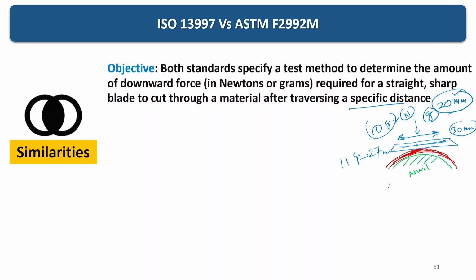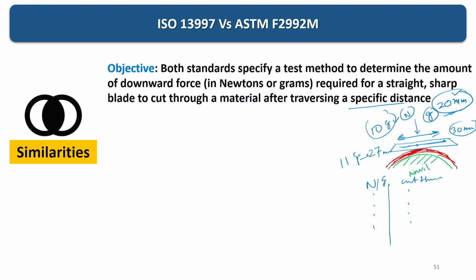So, we will get different loads in newtons or grams, and we will get the cut-through distance. Then we will plot, and from the plot we will be able to calculate the load value for the specified distance of 20 millimeter.